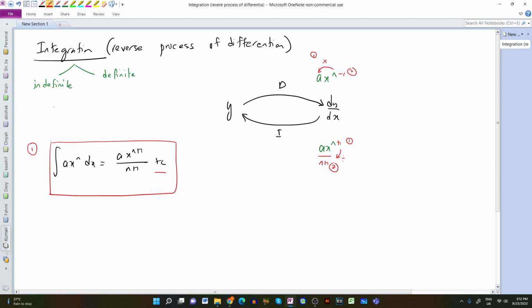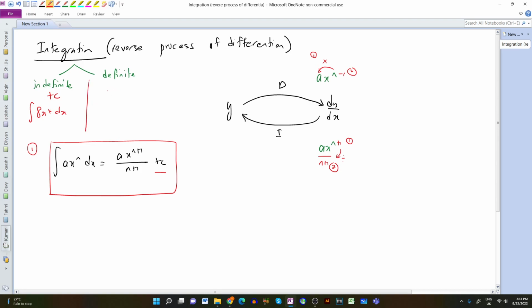Now for indefinite integration, which we are going to do first, you will plus c at the end of the answer. This is the notation for indefinite integration.